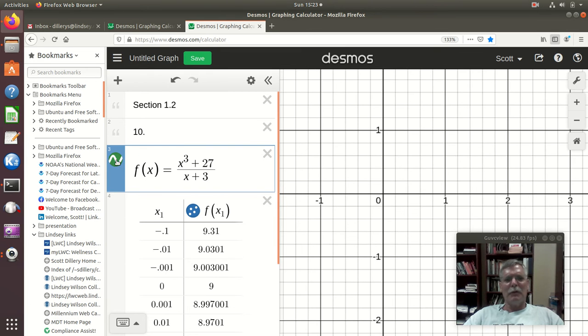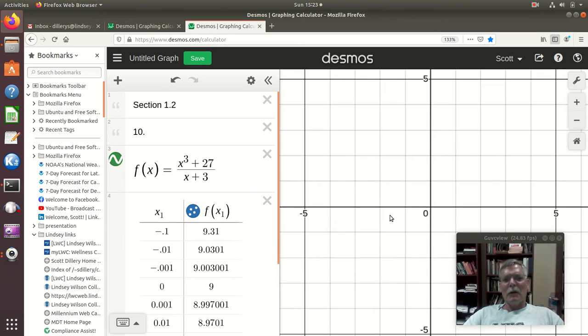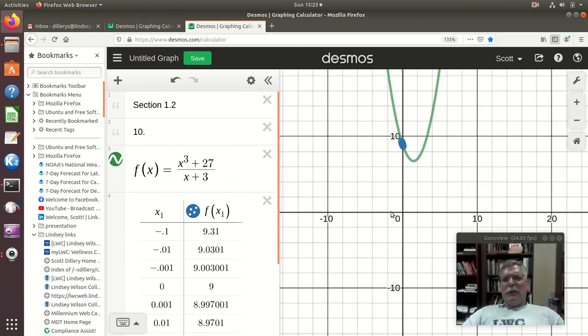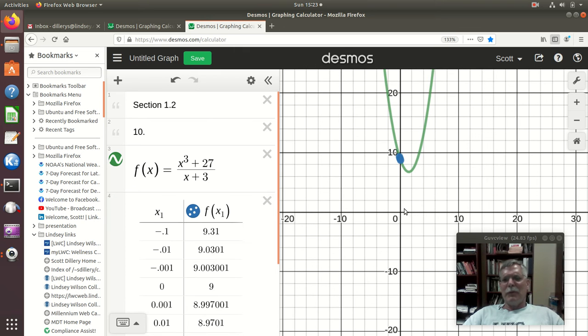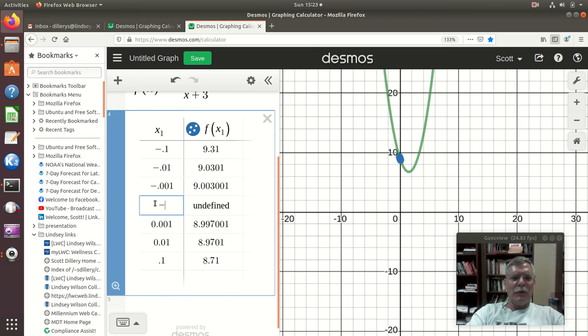Oh, I turned it off. So, there it is. And now I have a bunch of points here, but the limit in number 10 is going to negative 3. And so this is minus 3, which is undefined.